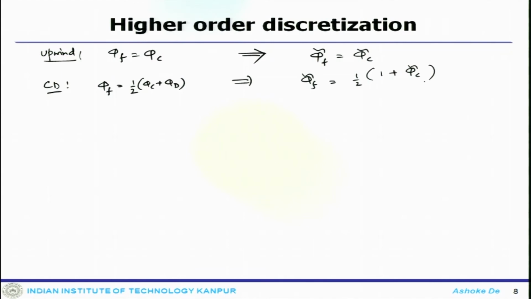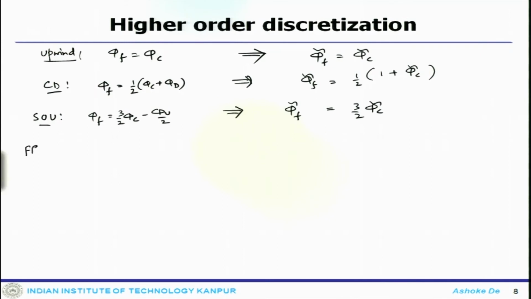So, these functional relationships are true for both structured and unstructured grids, and now let us see how different schemes transform to this normalized condition. Second order upwind, where phi f is represented as 3 by 2 phi c minus phi u by 2, will get transformed to phi f tilde equals 3 by 2 phi c tilde.